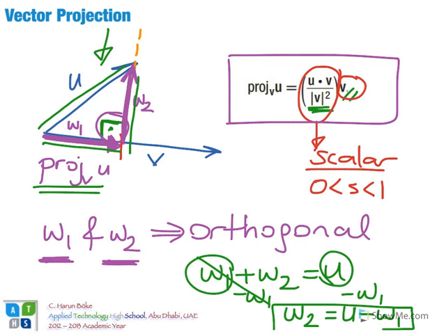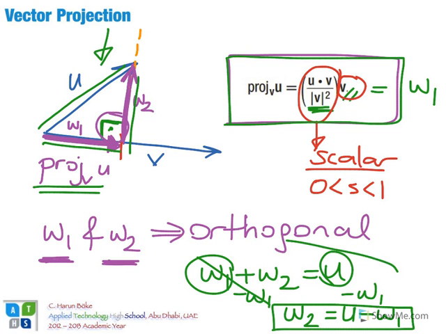So this will be your second vector. Okay. So we have this formula for the projection, which actually is also W1. And then to find W2, we use the vector operations so that we find the other vector, which is orthogonal to W1. Let's see the example.